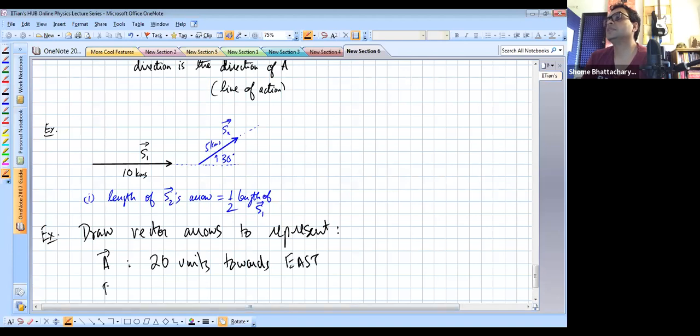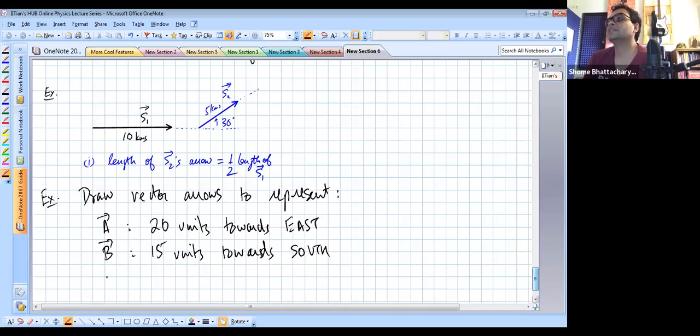The vector B, which is 15 units towards south. And a third one, vector C, which is 25 units towards, now this one was a slightly complicated one, 30 degrees north of west.